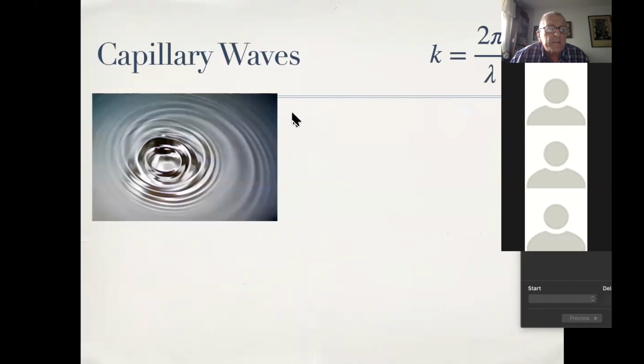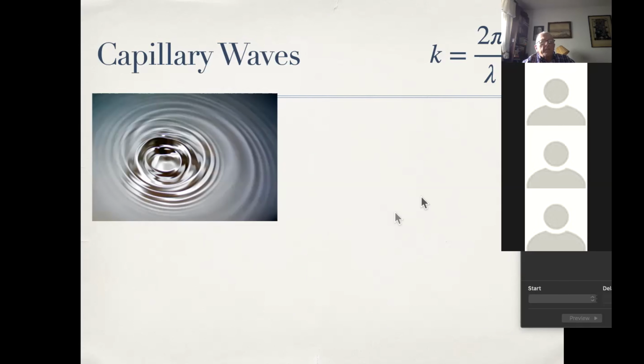All right. So now we are going to talk for a second about the capillary waves. This is another picture of a concentrated force which was applied to the surface of a liquid, and we see those waves.